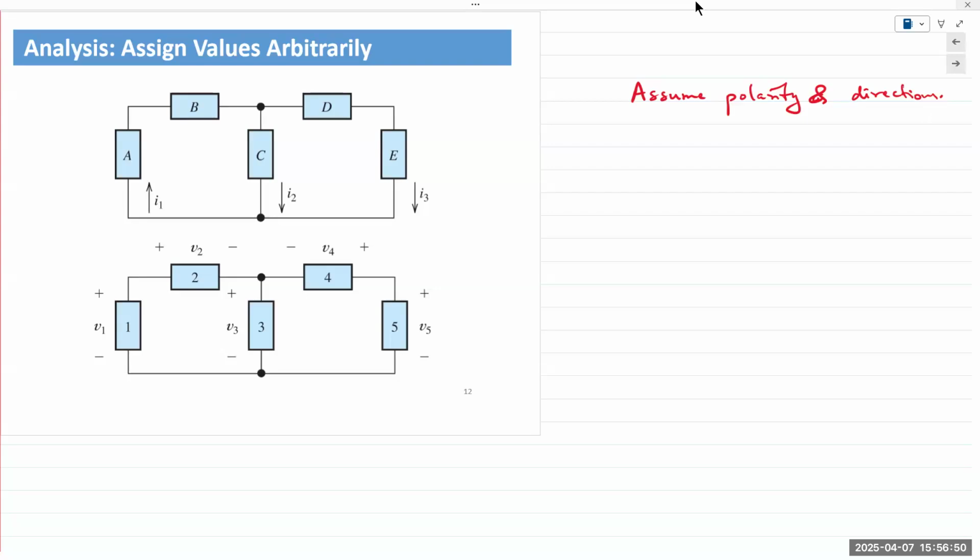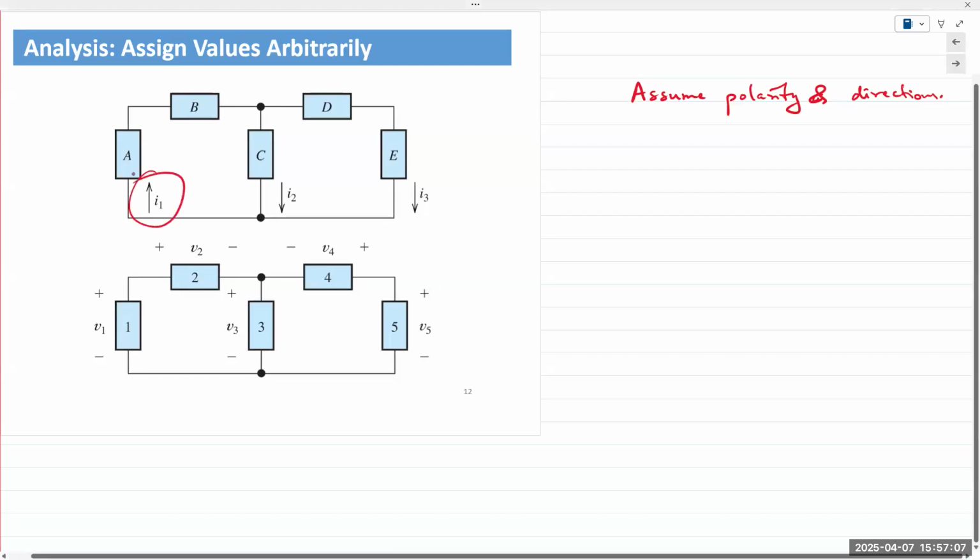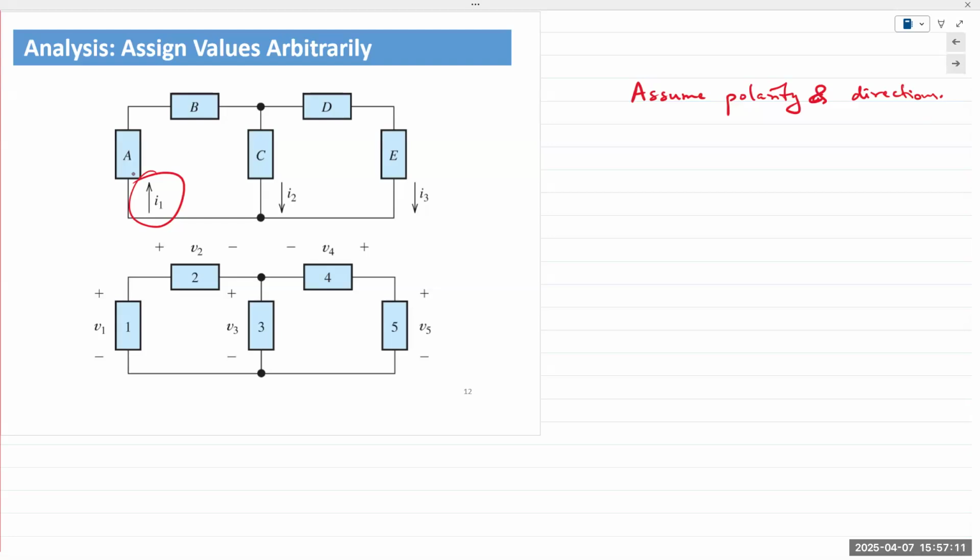Now, even if our assumption is opposite of what the actual current might turn out to be, our analysis would not be incorrect. Okay, again, if I assume, let's say we have current I1 in here, right? So I chose I1 to go up. Now I perform my analysis and it turns out I1 has a value of minus 1.5 milliamps.